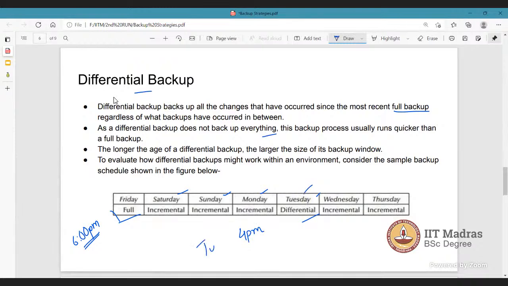When we perform the recovery, which backup sets will be required? Can anybody tell?